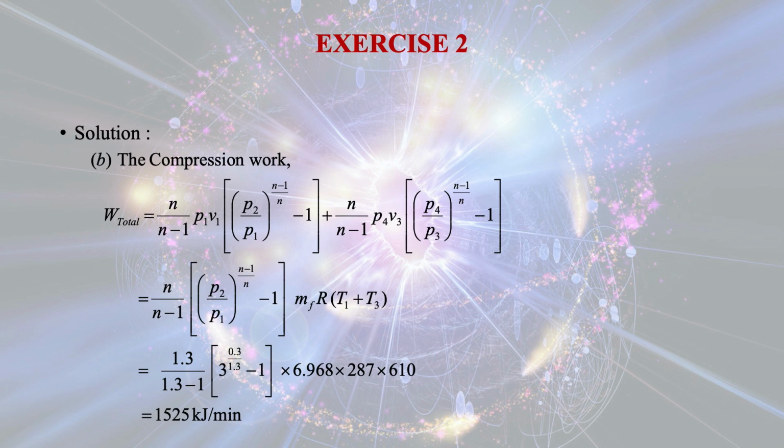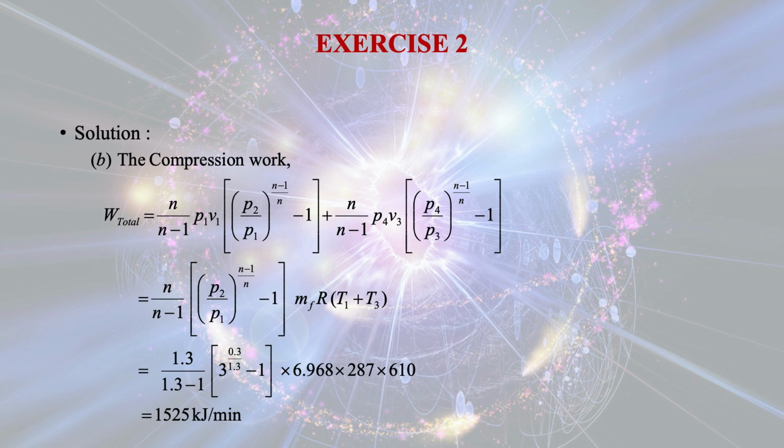So we know very well that P1 V1 is equal to RT1, and this is the ideal gas equation. So if you put the expressions for PV is equal to mRT, finally we will get the expression for W total is equal to n divided by n minus 1 multiplied by (P2 by P1) whole to the power (n minus 1) by n minus 1, mf R multiplied by T1 plus T3.